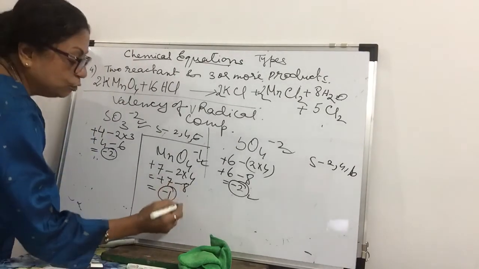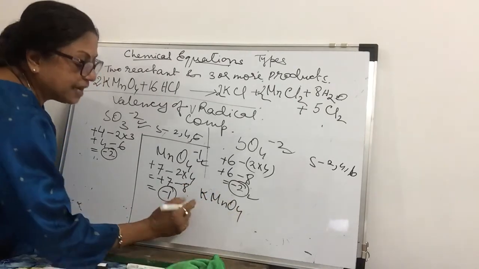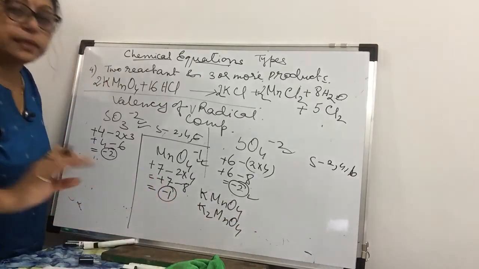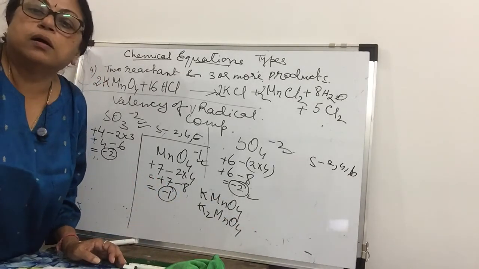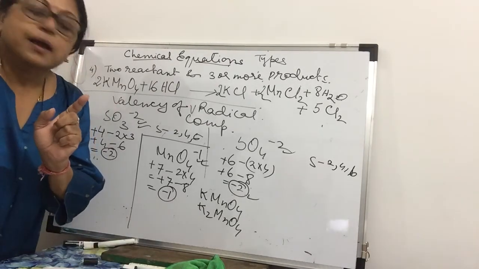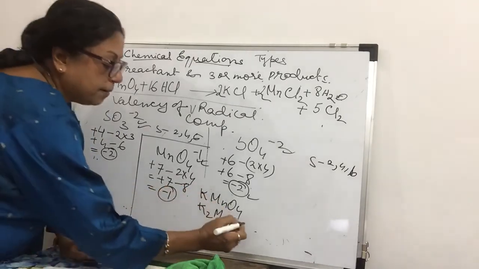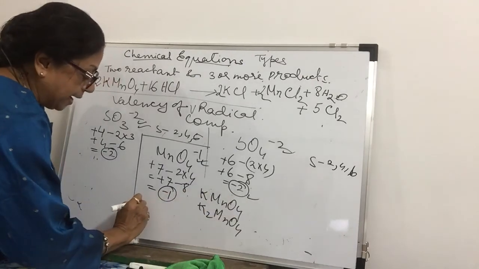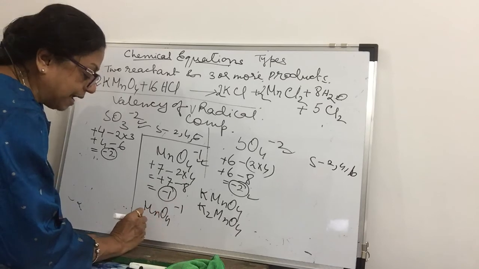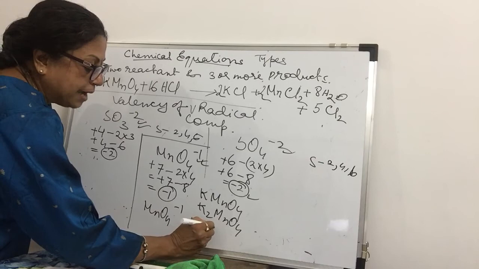Now we usually know about KMnO4, but there is another compound that exists, K2MnO4. In your textbooks, Selina or Bhairav Dalal, you will see places where you find MnO4 minus 1, or sometimes MnO4 minus 2.